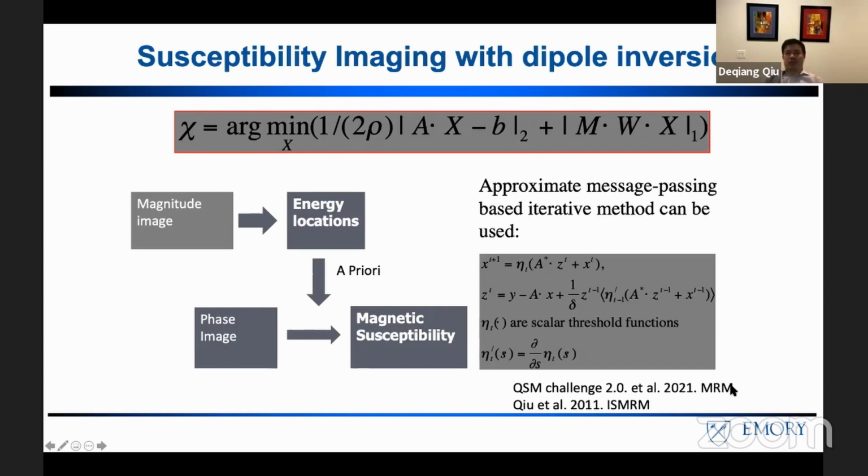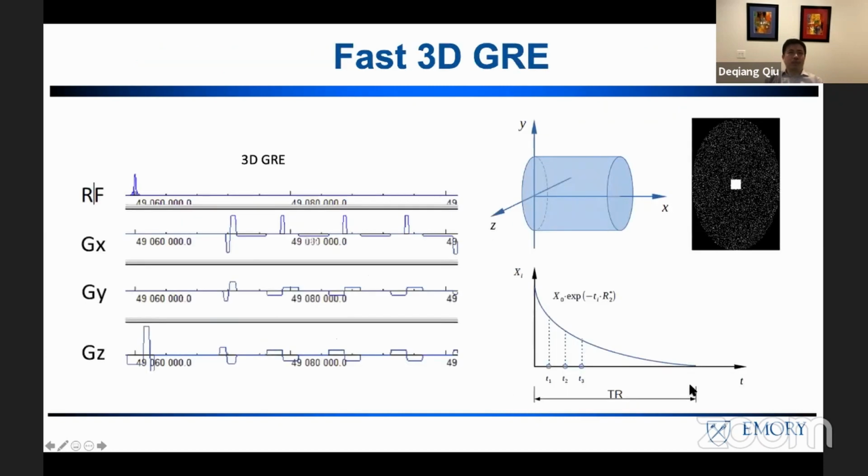And actually there's a recent challenge that compared different dipole inversion algorithms. I refer the audience to that paper listed here. And lastly, I want to spend the last few minutes talking about our recent work, where you can do all these reconstructions, but sometimes the data has to come from that raw 3D GRE data.